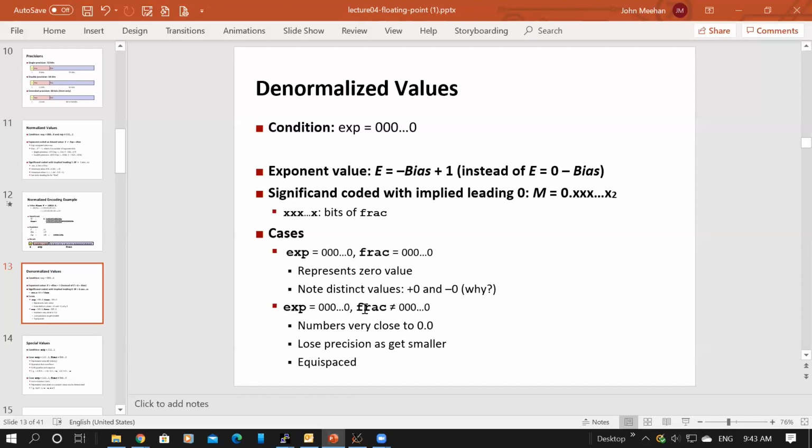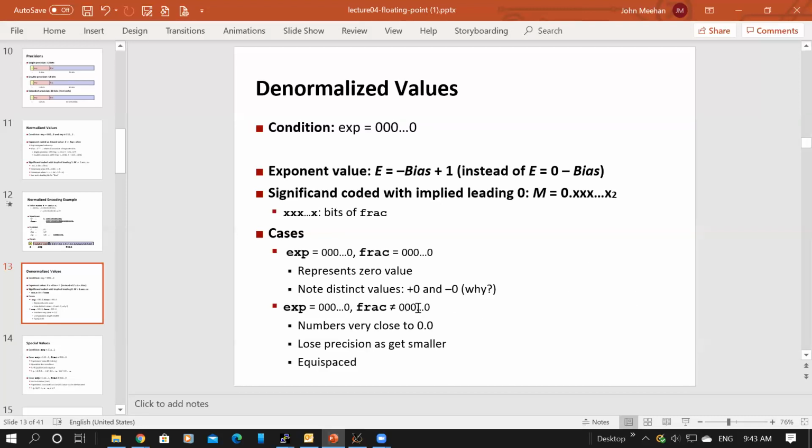If I have zeros in my EXP field, it's a denormalized form, but the fractional part has some ones in it somewhere. What those things are representing are numbers that are very close to 0, right? There's a leading 0 in front of the binary point, and then you have this minus 126 value, which is moving the binary point to the left 126 positions.